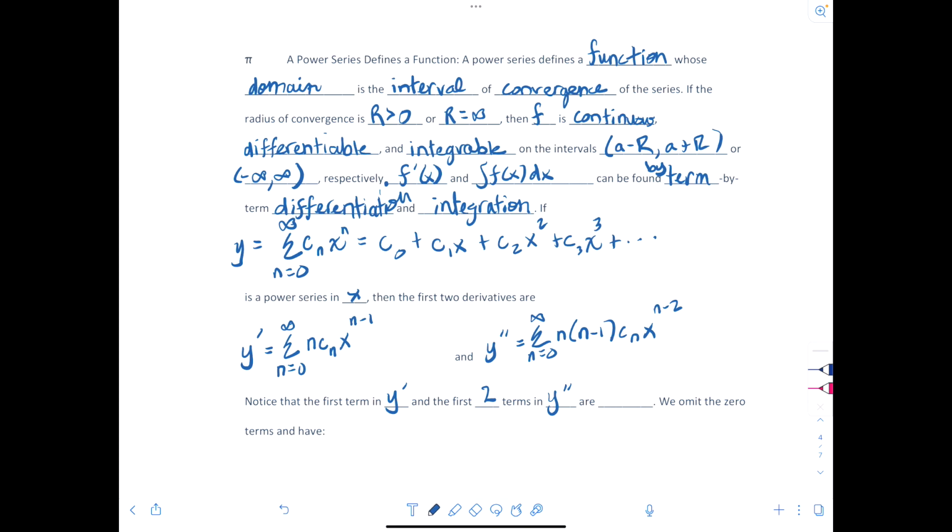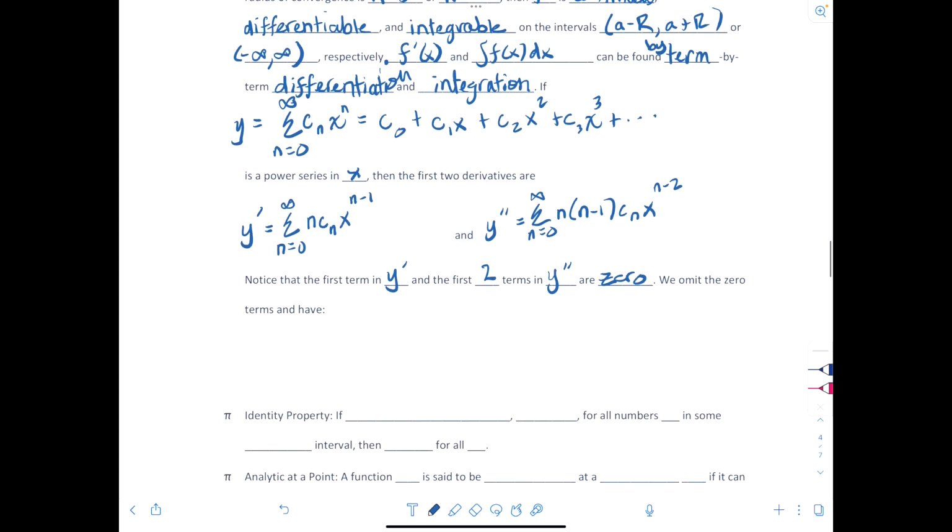So they are 0. So we omit the 0 terms, and you end up with y prime is equal to the summation as n goes from 1 to infinity of c sub n, I'll put the constant first, times n x to the n minus 1, which is equal to c1 times 1 times x to the 0, which is just going to be c1.